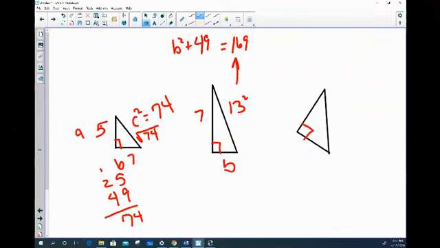So in order to find B, now all I do is subtract 49 from both sides. I get B squared equals 120. So B squared is 120, means the length of B is the square root of 120.